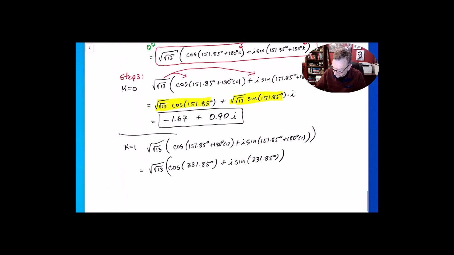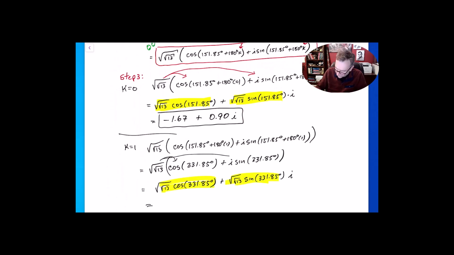Just plugging in. And so I think at this point, like I did before, I can distribute. So we get square root of 13 cosine 331.85 plus square root 13 sine of 331.85, right, times I. All right, so we've got to do this on a calculator and then this on a calculator.